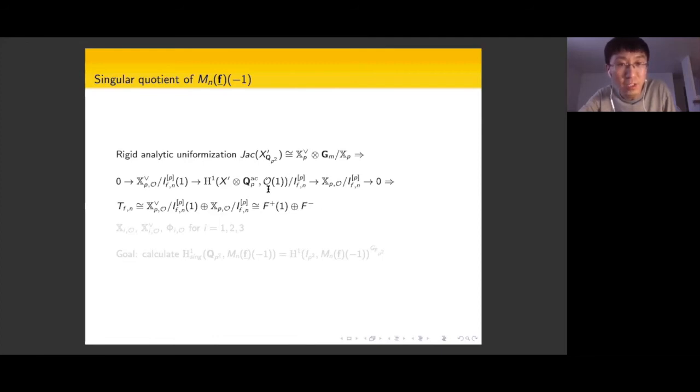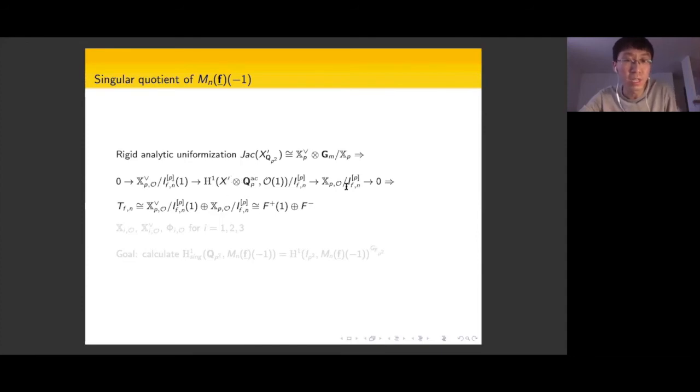This should remind you of the familiar fact that for the Tate curve, this is Q_p twisted by 1, this is Q_p. And the thing in the middle is the Galois representation for the p-old modular form, which is isomorphic to the Galois representation for the p-new modular form. In particular, it's unramified.